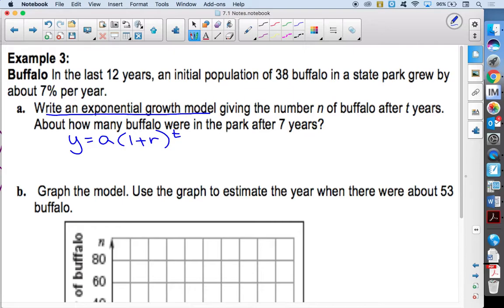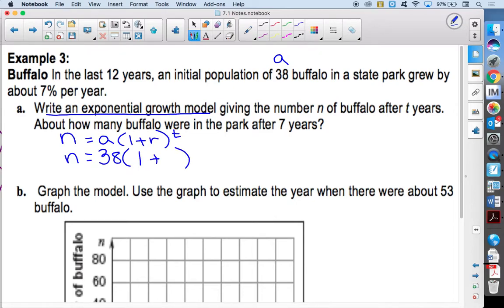So what's the initial amount? What are we starting with? Virginia? 38. So it says 38 buffalo is my initial population. So that's A. And I guess it wanted us to use an N instead of a Y. Seems weird to have an N over there. All right, 38. What's the rate?